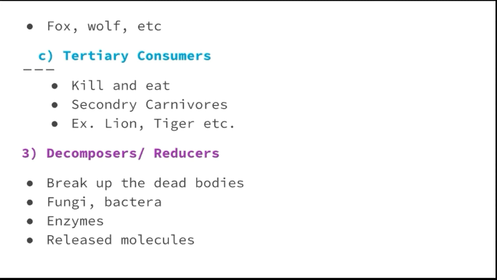Another and last part of the biotic factor is the third, the reducer or decomposer. After the death of tertiary, primary, and secondary consumers, the reducers or decomposers, which are organisms, break up the dead bodies of plants and their waste products.